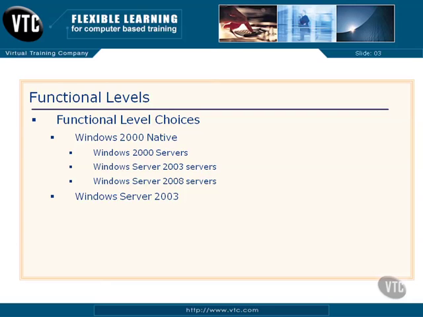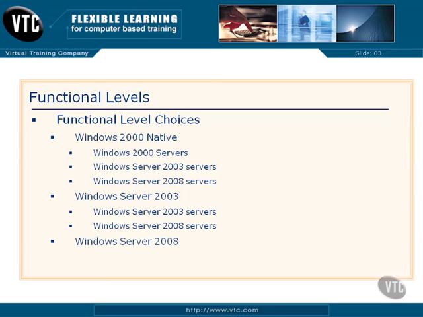Next, there's the Windows Server 2003 level. This is pretty easy to figure out, right? This means you've at least got Server 2003 and 2008. You have no Windows 2000 servers. And then, of course, the last one is the Windows Server 2008 functional level, and this means that you only have Windows Server 2008 servers. There will be questions about this on the exam.